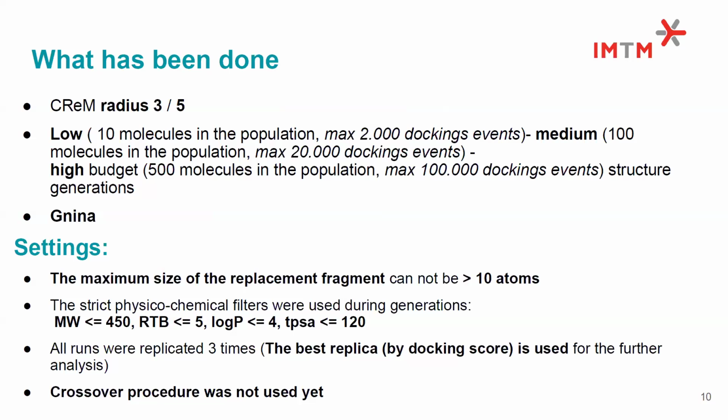Very briefly, an overview of what has been done. In the further results which I'll show, we used different radius. What does radius stand for? It's the size of the context which is taken into account for our interchangeable fragments.